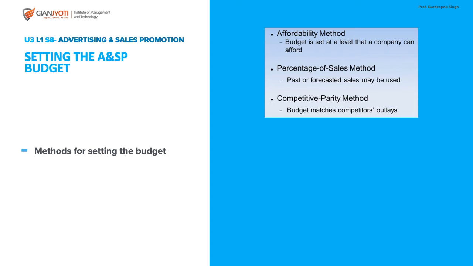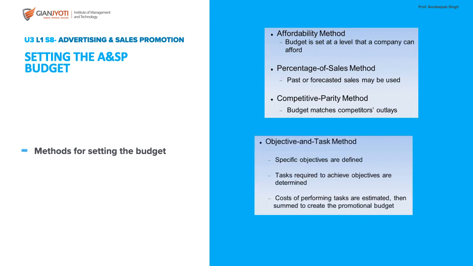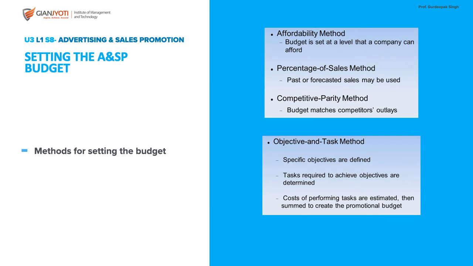Third is the competitive parity method. Like when you talk of Coke and Pepsi, generally they go for this sort of budget setting where you have to match the competitors' outlays. But the most objective way of doing the budgeting here is the objective and task method, which is a little bit more complex and detailed.